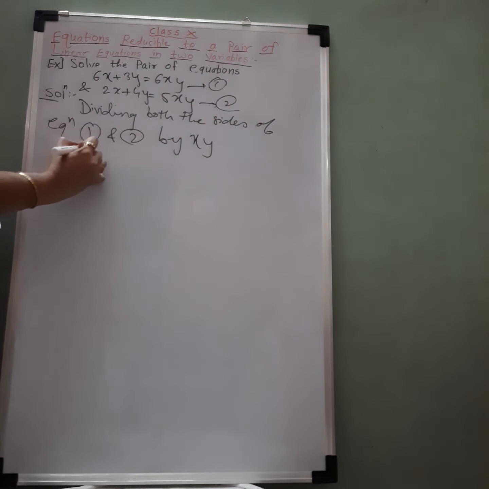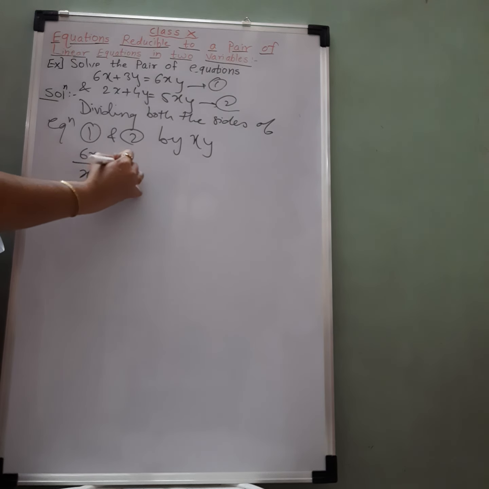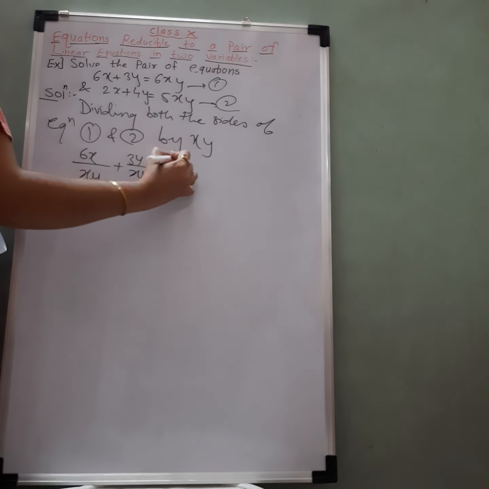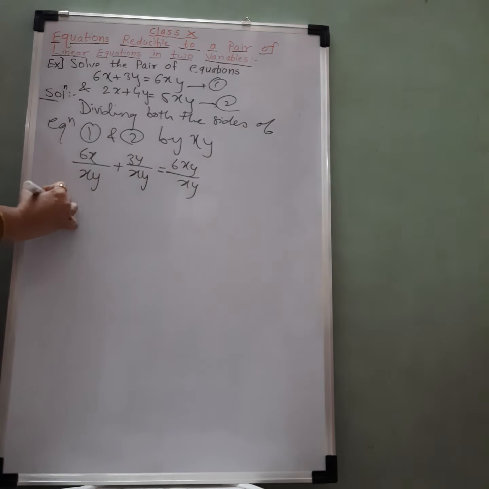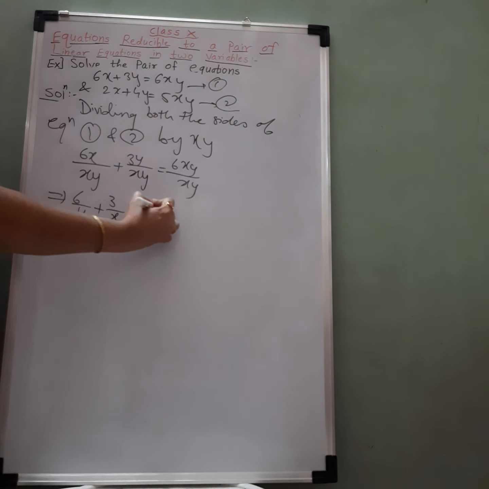Then you will get 6x upon xy plus 3y upon xy is equal to 6xy upon xy. So it will become 6 upon y plus 3 upon x is equal to 6.